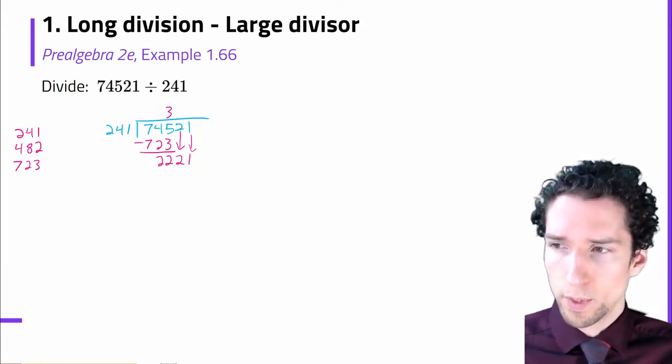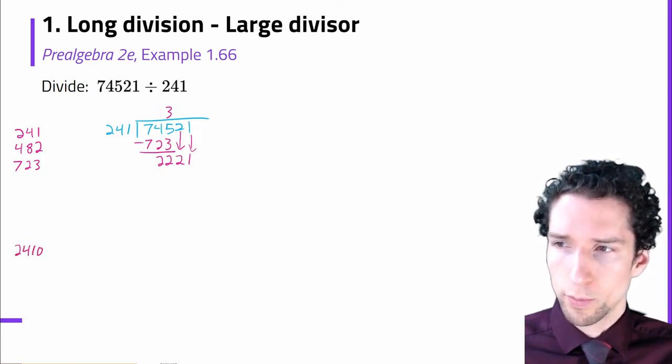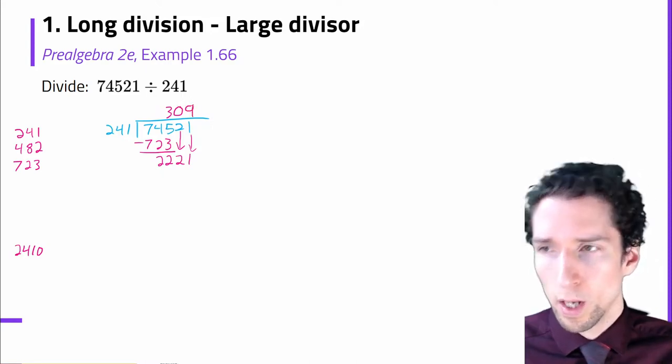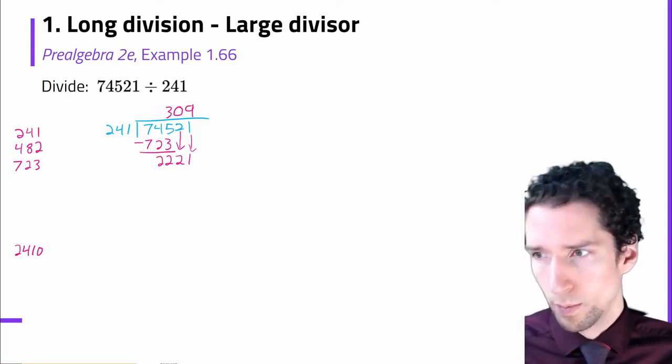Well, 241 times 10 would be 2,410, and then subtract 241 from that. It's going to be less than this number. So that looks like it will go in. I forgot to add the 0 here. So 0 and then 9 times. So we want 9 times this thing.